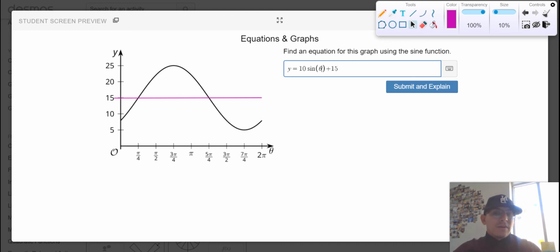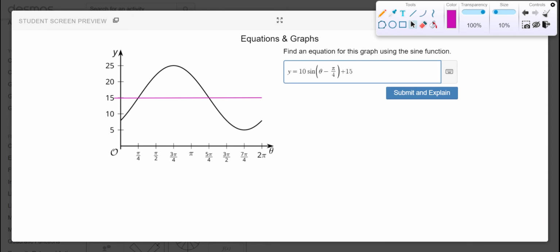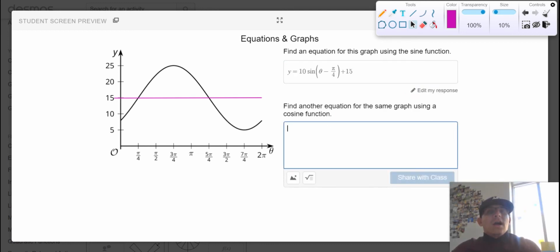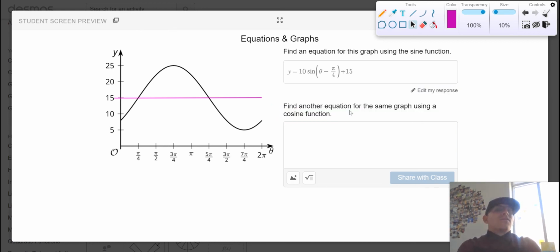That's its maximum value. So how can I modify 3 pi over 4 to make it emulate pi over 2? Well, I can subtract pi over 4, and this simplifies that situation. Now, I'm going to turn it to you and ask you to do the same thing, but for the cosine function.